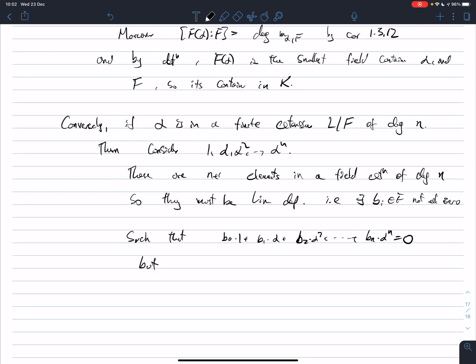But this proves that alpha has to be algebraic, because from here I can figure out what the polynomial is.